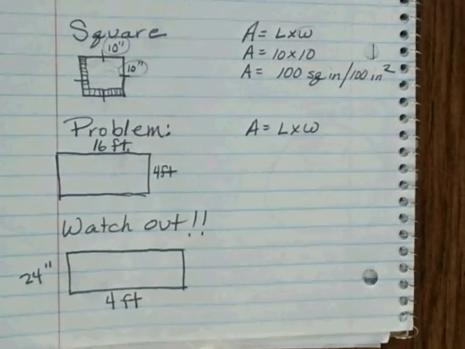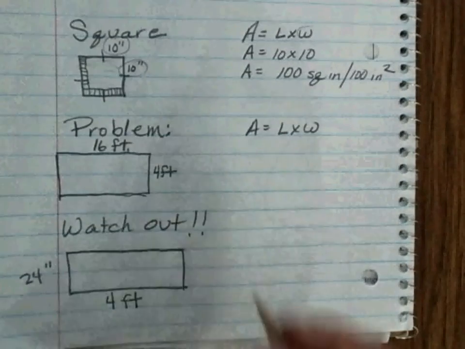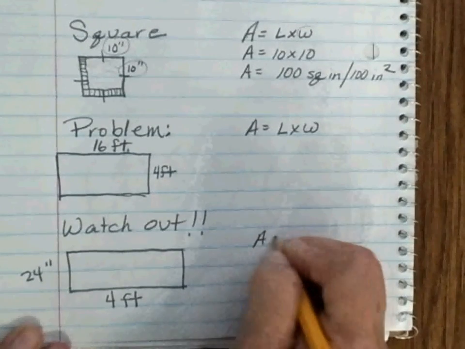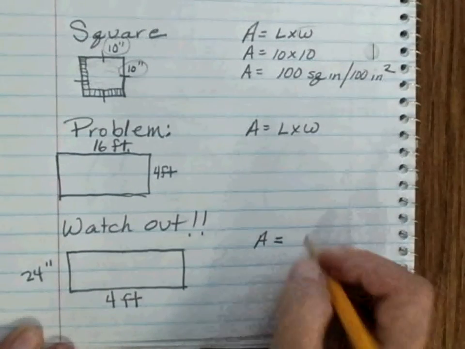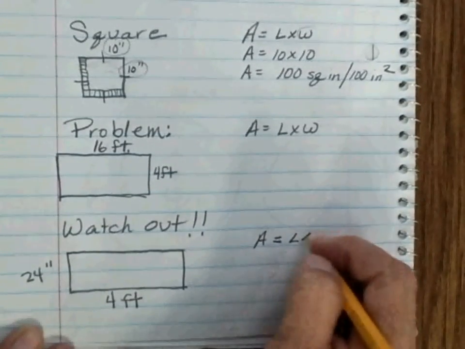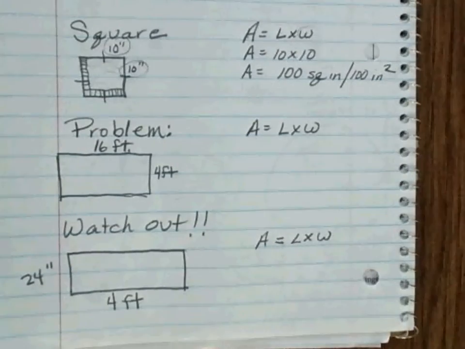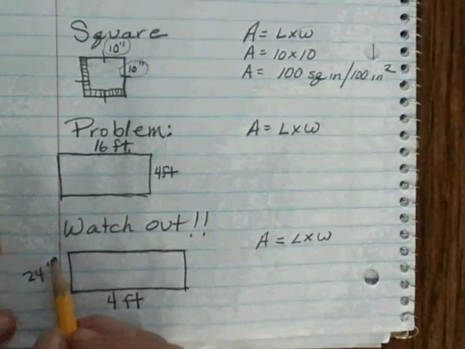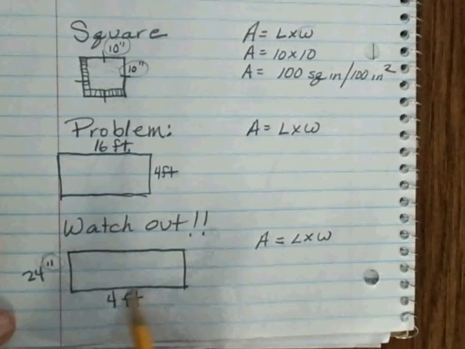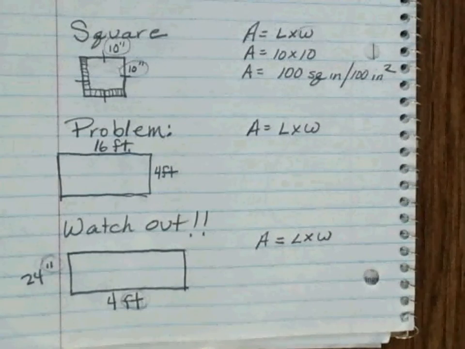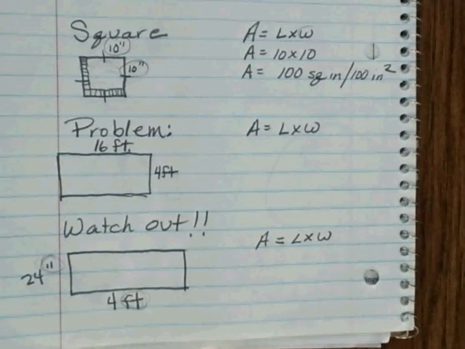I'm going to leave this up to you guys to try and figure out what the area is of this rectangle. I'm giving you a big old hint here. You have inches over here and feet over here. So let's stretch your brains a little and see if you can figure out how to solve this problem.